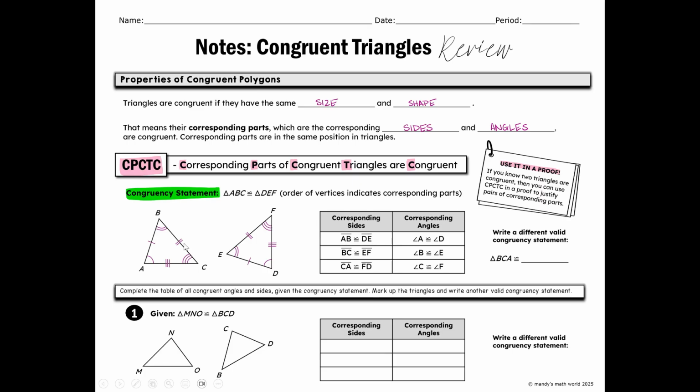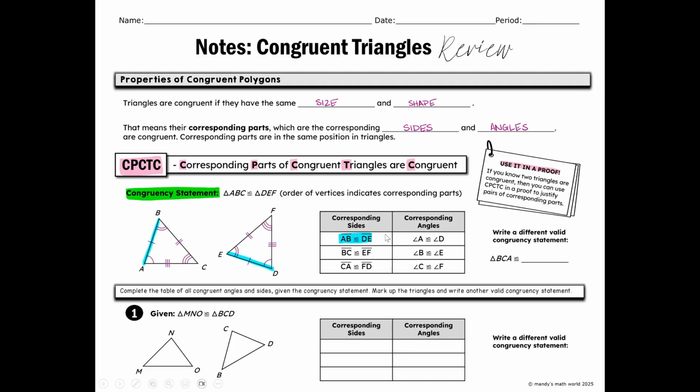So let's look at these two figures. I was already given that triangle ABC is congruent to triangle DEF, and remember, the order matters. This table shows the corresponding sides in the left column and the corresponding angles in the right column. Let's go through each of these.